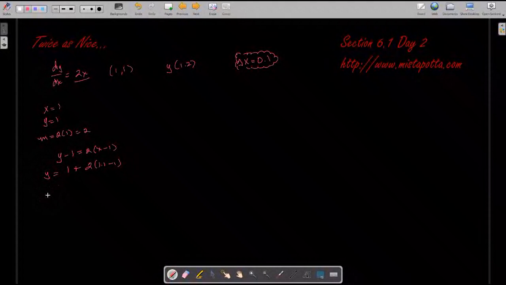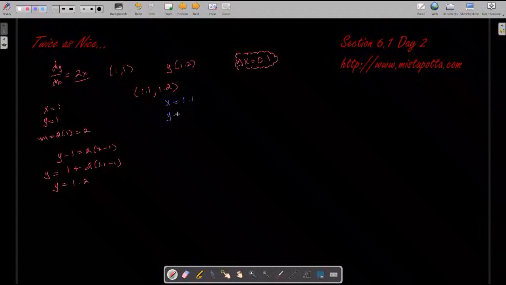And so what I find out is, in this case, y equals 1.2. So what I'm saying here is that my tangent line passes through the point (1.1, 1.2). So for this second tangent line, I'm going to be using this point as my jumping off point.